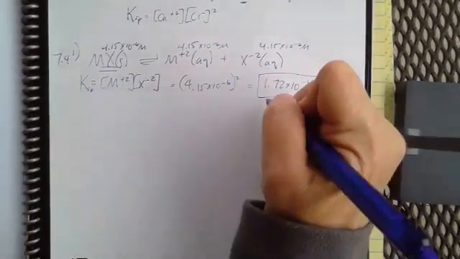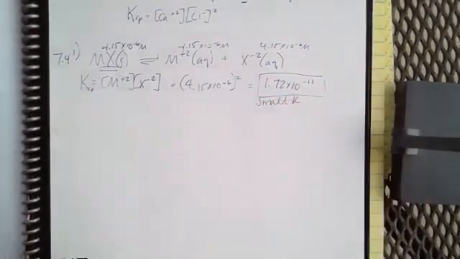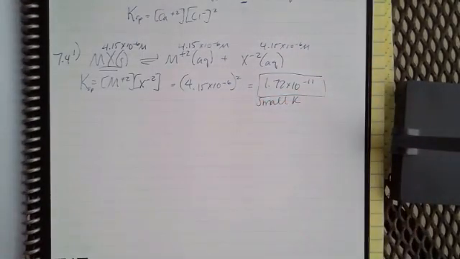Very small K. That tells us it's not very soluble. We're not forming very much of either one of our ions. Make sense? Questions, concerns, comments?